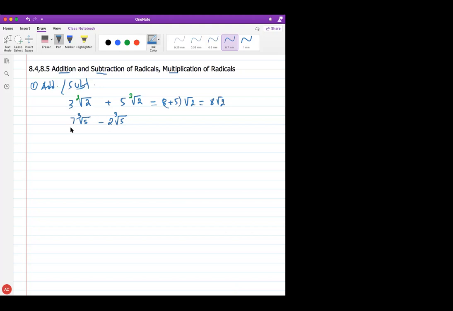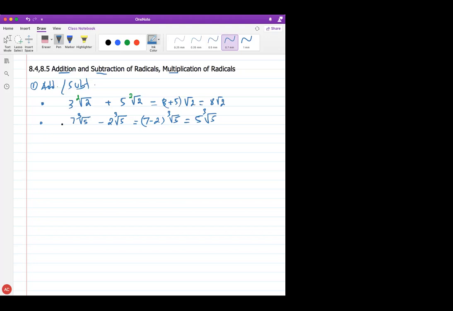All right, so can we subtract these radicals? Do we have the same index and the same radicand? Yes, we have the same number here, 3 and 3, and we have 5 and 5. That's good. Just subtract these numbers, 7 take away 2, and then radical 5. Don't forget the index, and that will be 5 radical 5 of 3.